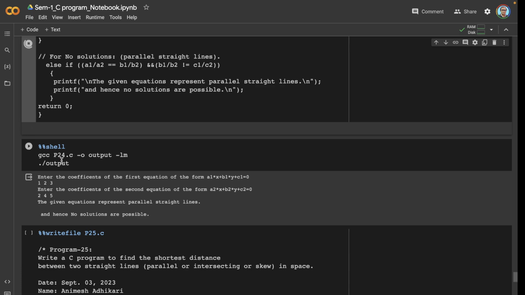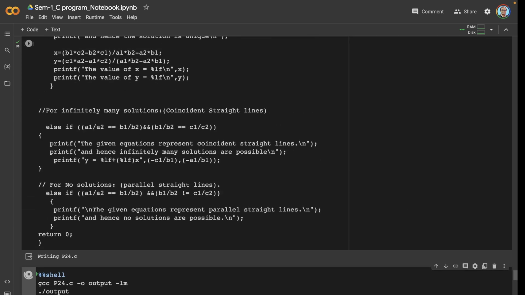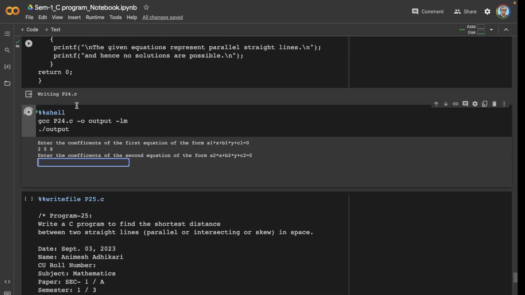Compile this problem, and on this problem we first enter this a1, b1, c1. Suppose we put here 2, 5, 8. Here a1, b1 are all of double type, so you can put a decimal point.